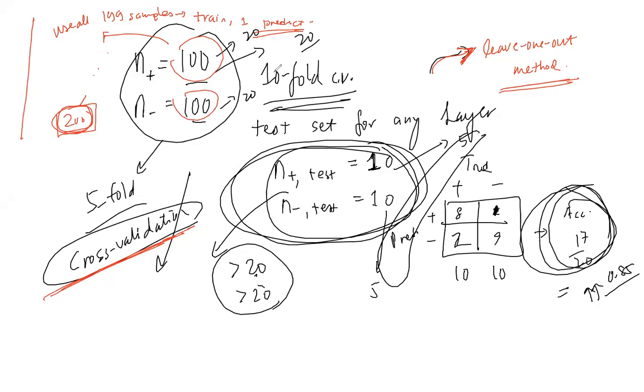Because at the end, even if you do cross-validation, you have a classifier, right?